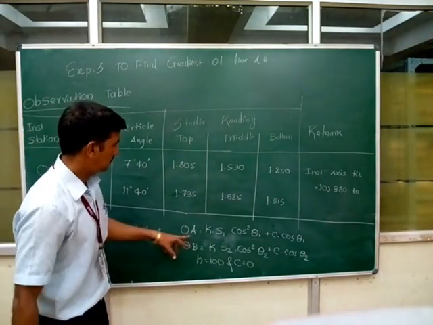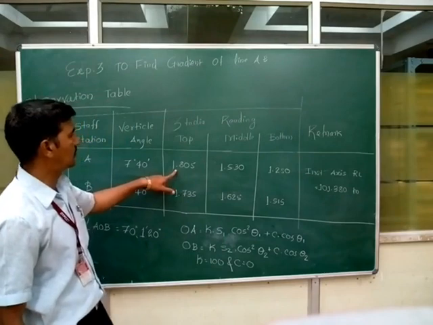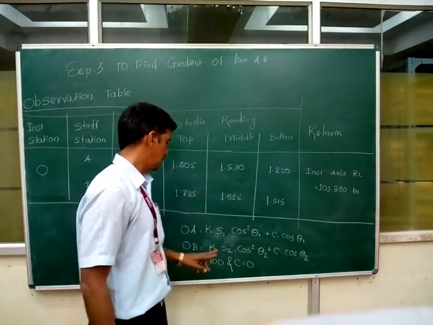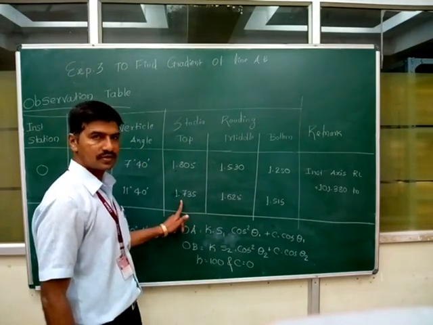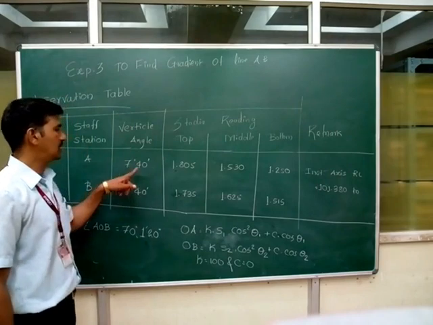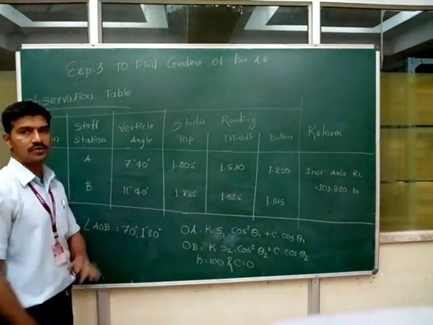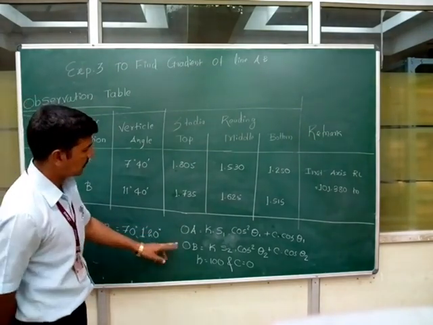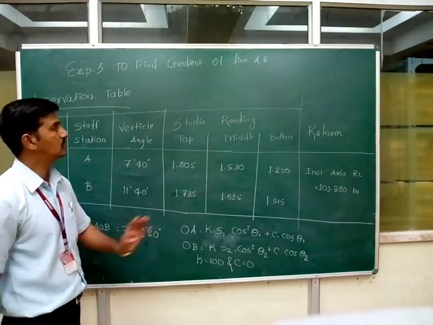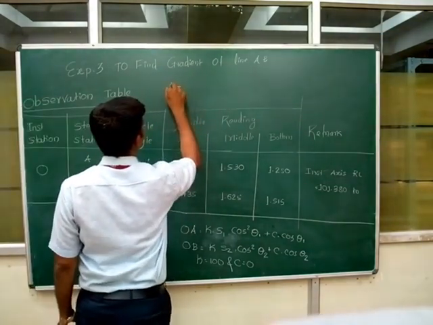Now by using this formula, S1 will be the staff intercept between the first readings, say 1.8 minus 1.2. S2 will be your second staff intercept. Theta 1 will be 7 degrees 40 minutes and theta 2 will be 11 degrees 40 minutes. By putting all the values in the equation, you will get OA and OB. Once you get OA and OB, use the cosine rule. What is the cosine rule?